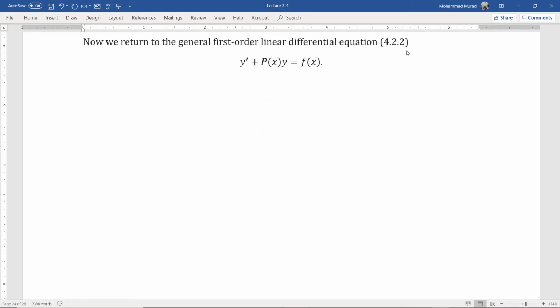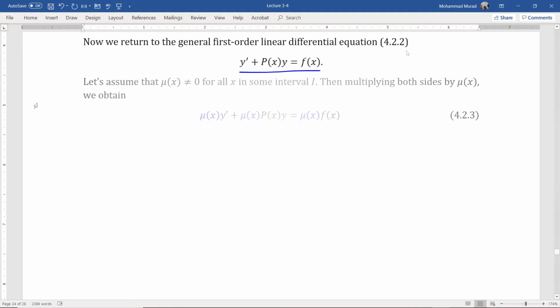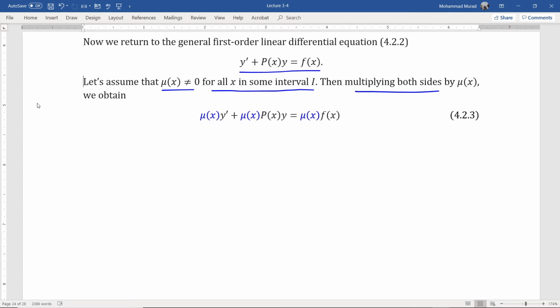And this is the general solution of the given equation. Now, we return to the general first-order linear differential equation, 4.2.2, namely y prime plus p of x times y equals f of x. Let's assume for the moment that mu of x is not equal to 0 for all x in some interval I. Then multiplying both sides by mu of x, we obtain this equation as shown in 4.2.3.